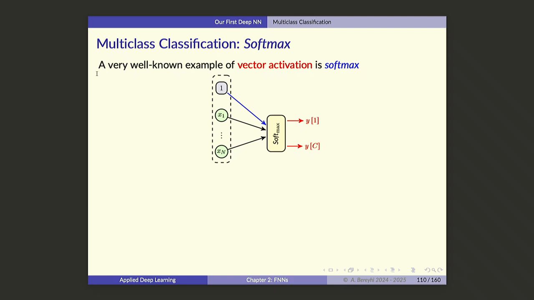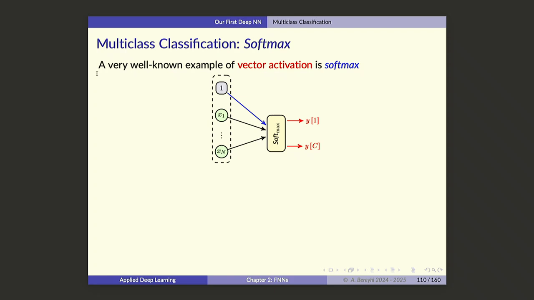How do you do it? You put e to the power z1. This is definitely non-negative, right? Can this be negative? No, the exponential function is never negative. But you want it to be between 0 and 1. So the way you do it is you compute e^z1 plus e^z2 plus e to the power z3.